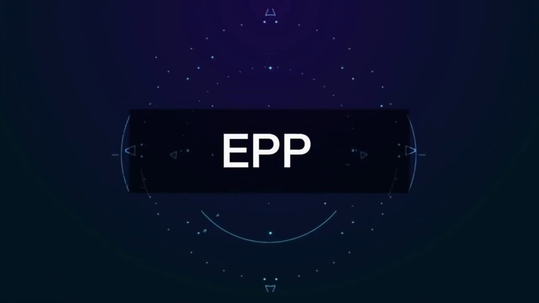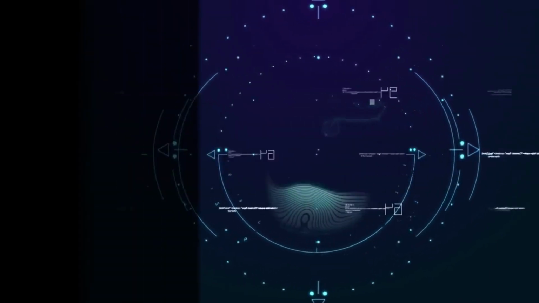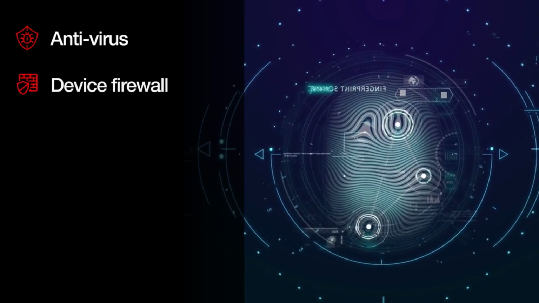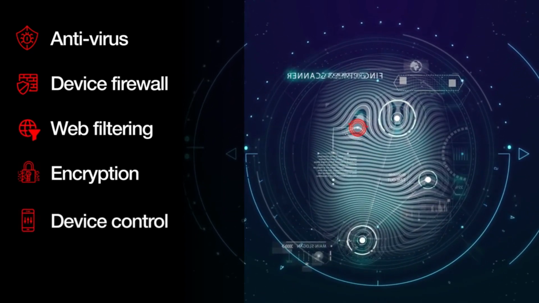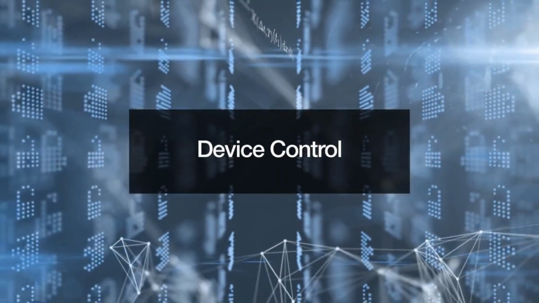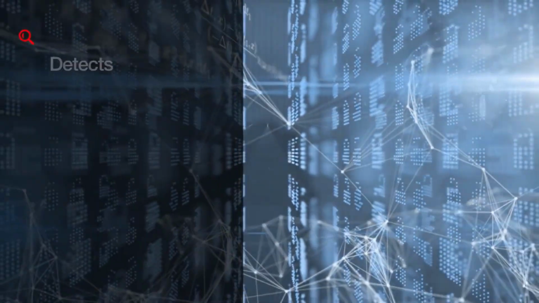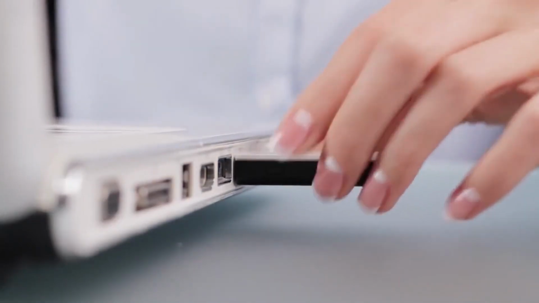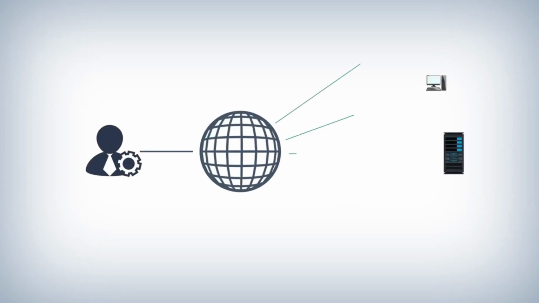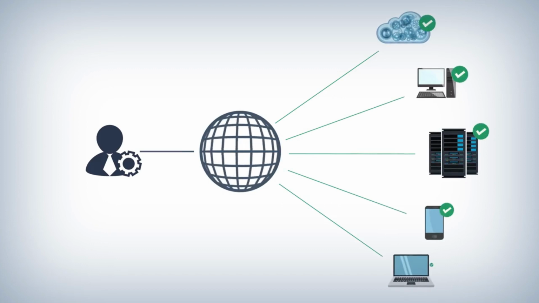EPP provided many prevention-focused services, such as antivirus, device firewall, web filtering, data protection through encryption, and device control. Device control is a technology that provides built-in security that detects, authorizes, and secures removable storage devices. Web filtering is technology that enables network administrators to control what type of site you are permitted to visit.